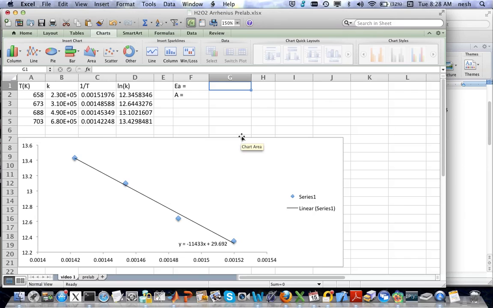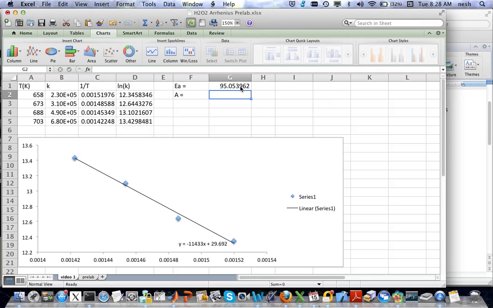So that will be equal to, now the minus of the minus gives me plus, 11,433. That's the slope, times, oops, I want to cancel the minuses, times the gas constant, 8.314 times 10 to the minus 3.